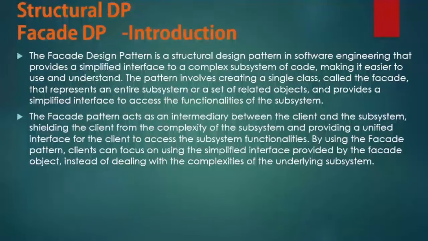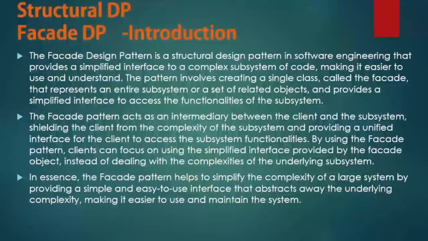The facade pattern acts as an intermediary between the client and the subsystem, shielding the client from the complexity of the subsystem and providing a unified interface for the client to access the subsystem functionalities. By using the facade pattern, clients can focus on using the simplified interface provided by the facade object instead of dealing with the complexities of the underlying subsystem.